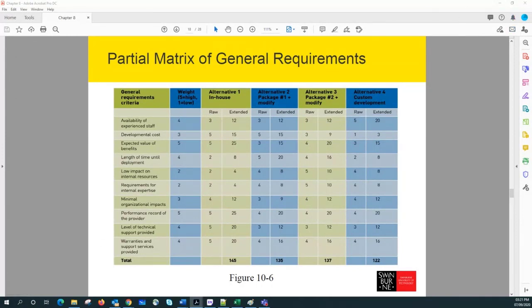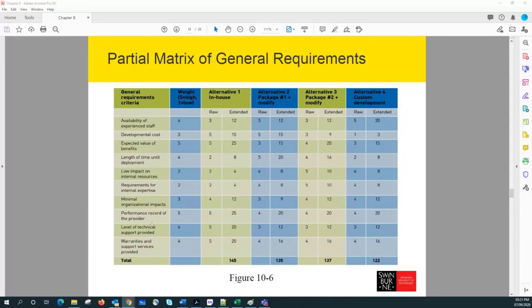So in this case, you can see here, in this Ridgeline Mountain Outfitters case study, they have given a weight to each general requirement based on its importance. Some are considered very important. For example, they gave a very high weight to the performance record of the provider of software support.